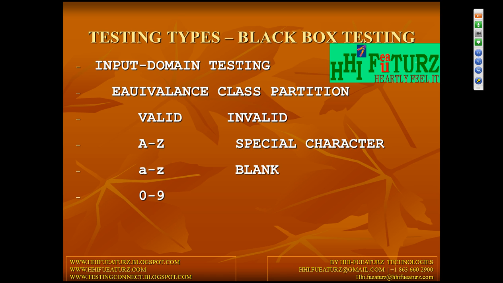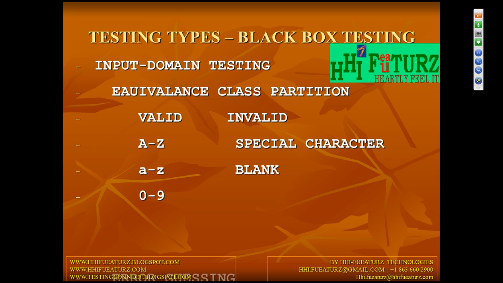That is valid and invalid. Valid is capital A to Z, small a to z, 0 to 9. Invalid is special characters and blank. Okay, so this is the second technique.